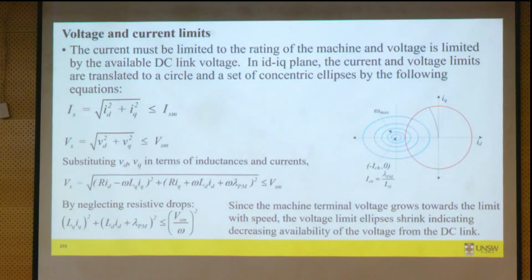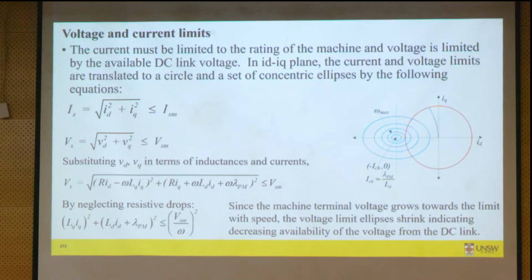While designing, we have to consider a few things, right? We may want to operate with maximum torque per ampere. We may want to operate under flux weakening. So this ID current and IQ current reference can vary, or we may have to limit them according to our motor's ratings.